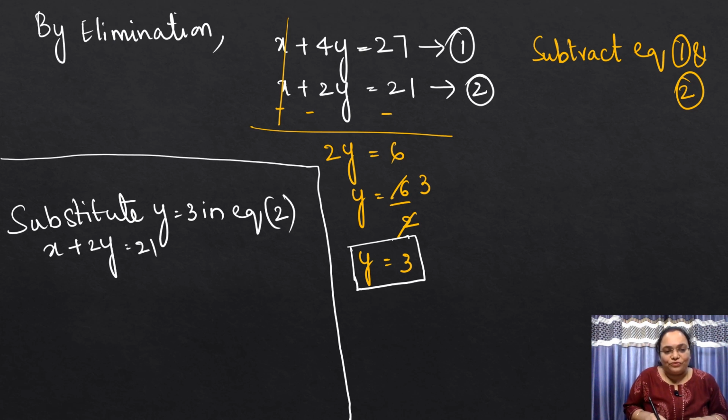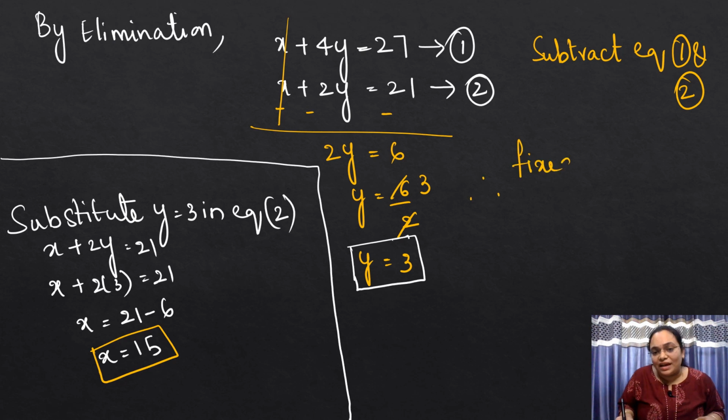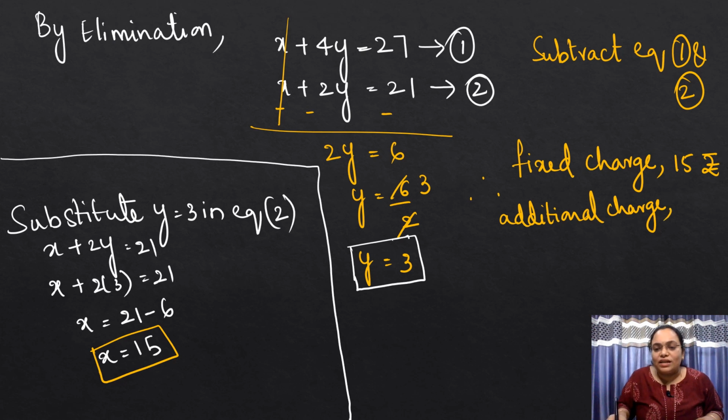So x plus 2 of 3 is equal to 21. x is equal to 21 minus 6, so x is equal to 15. We have found the fixed charge to be 15 rupees and the additional charge to be 3 rupees.